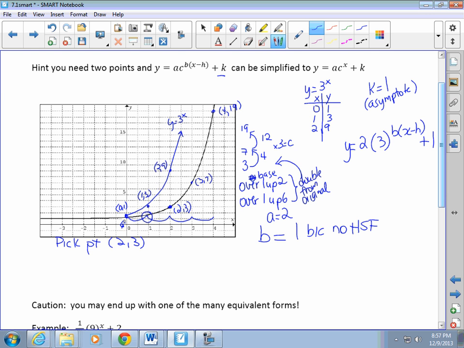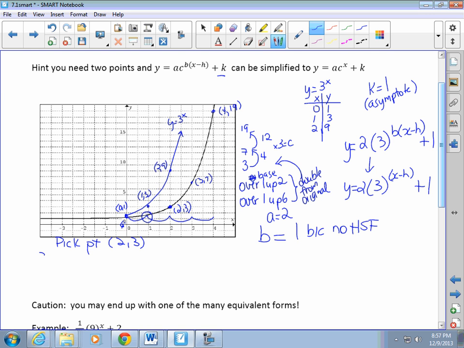So I could rewrite this equation as y is equal to 2 times 3 to the power of x minus h plus 1. Okay, so now let's find that h value. I pick a point. My point is 2, 3. And I substitute.